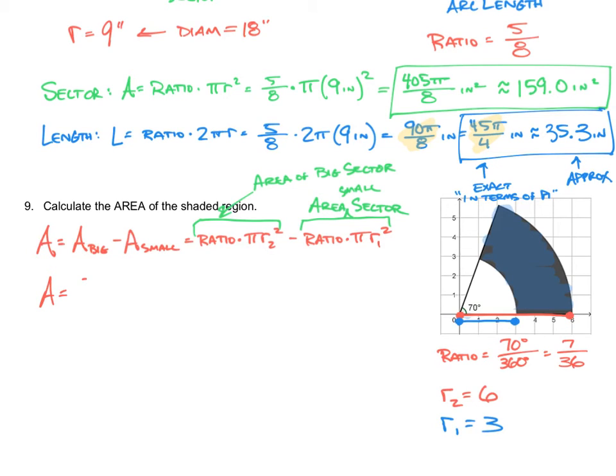The ratio is 7 out of 36 times pi times R2 squared. Insert Star Wars joke here. Minus 7 out of 36 times pi times R1 squared.